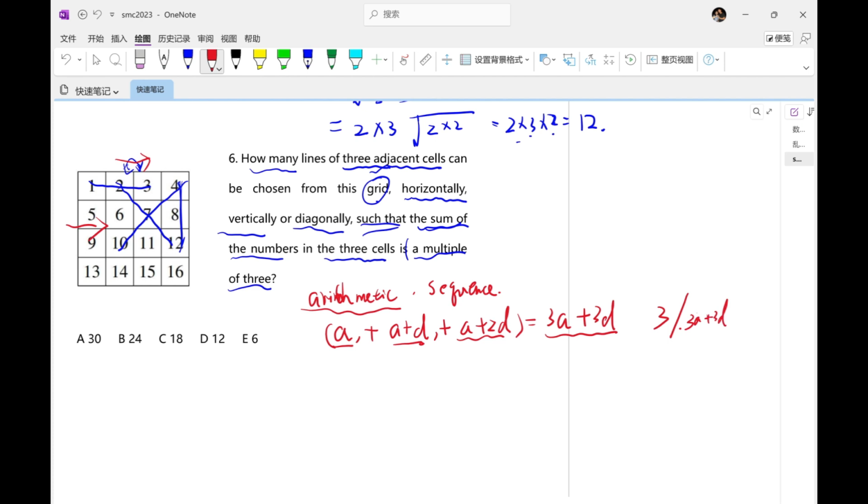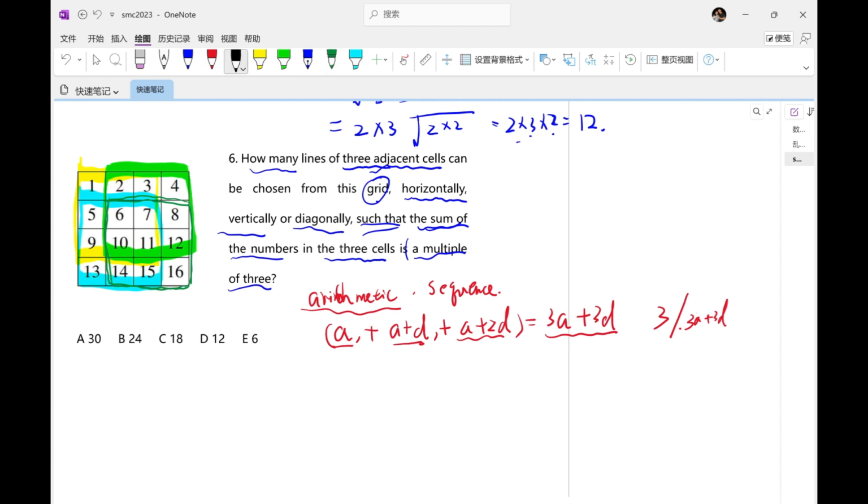So for all the horizontal lines of 3, vertical lines of 3, and diagonal lines of 3, they are all multiples of 3. So we find them out. We can divide this 4 by 4 grid into four 3 by 3 grids. We color it: this is the first one, the second one, and the third one. 3 by 3, we use different colors to dye it.